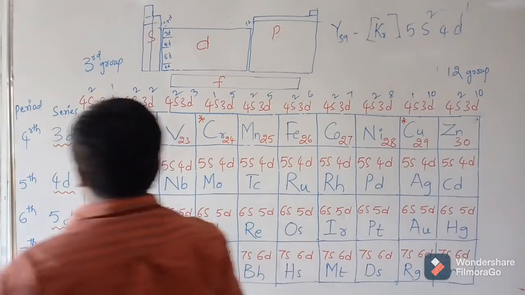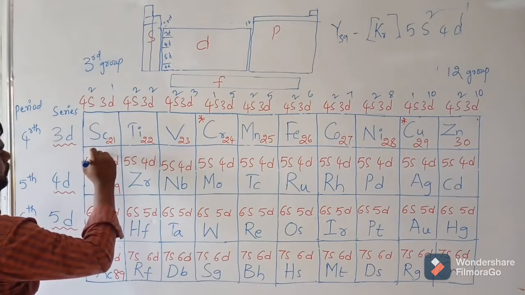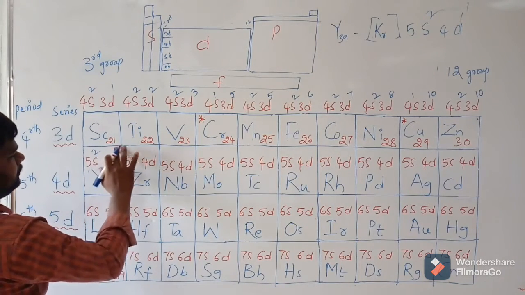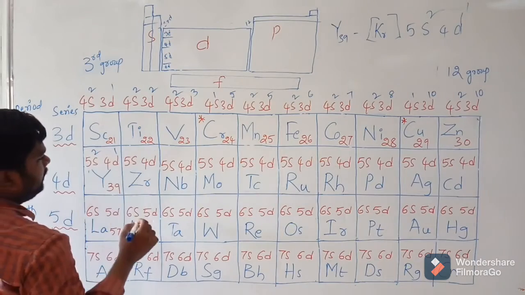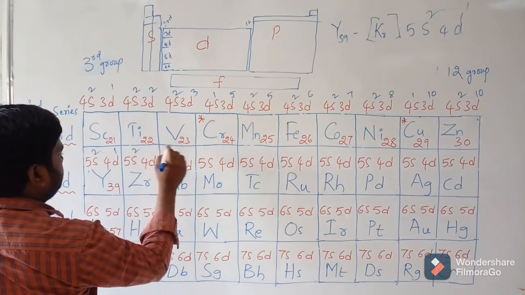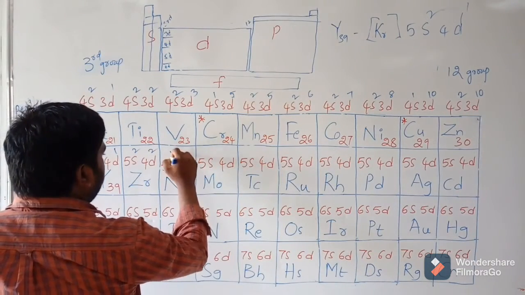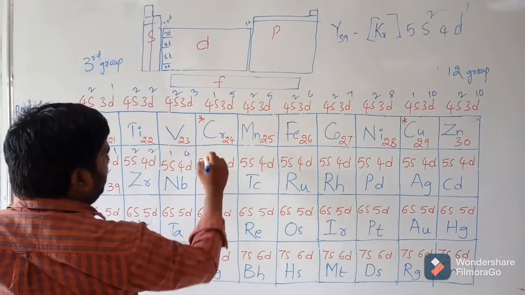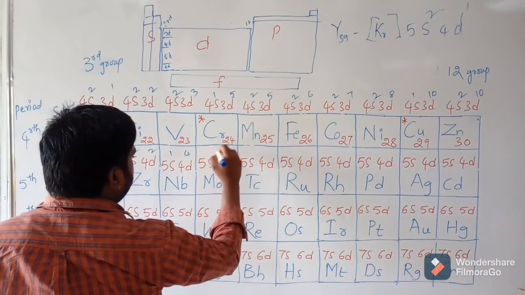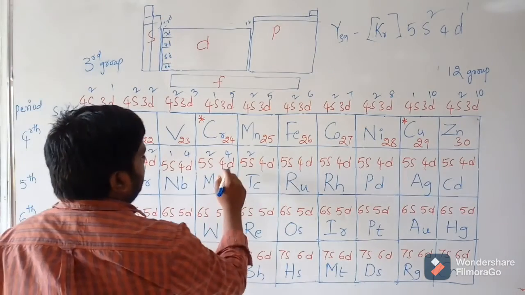So we are going to write for yttrium krypton 5s2 4d1. Next one 5s2 4d2, and this is 5s1 4d4, and this is 5s2 4d4.